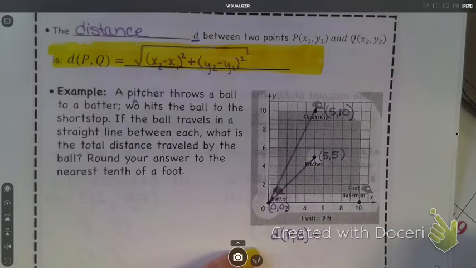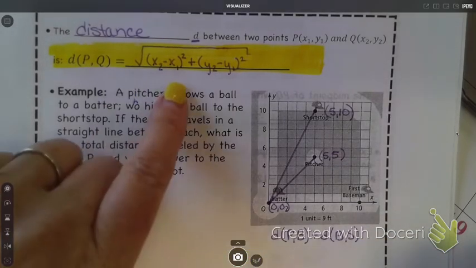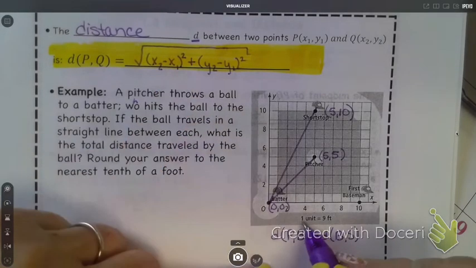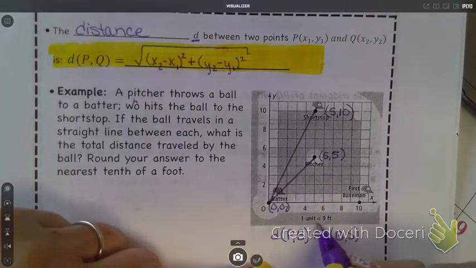Distance from point P to point B. Right, pitcher to batter. Plus the distance from the batter to shortstop. So we're going to have to use this formula not once, but twice. Now, it says 1 unit equals 9 feet. So when we get an answer, we have to multiply it by 9.